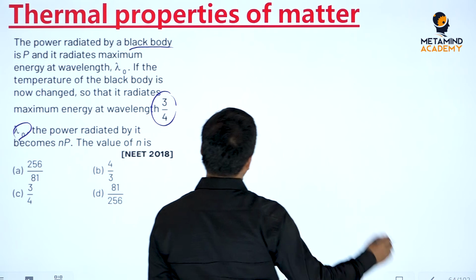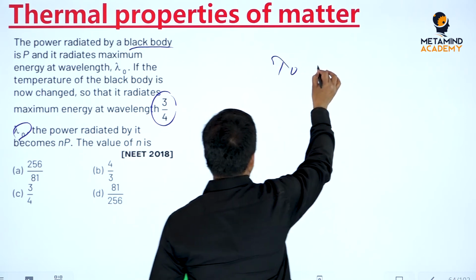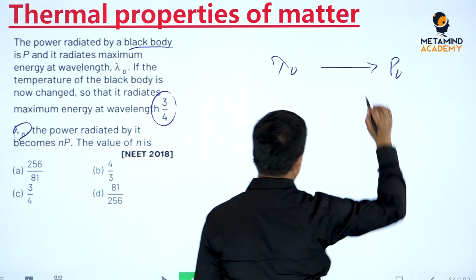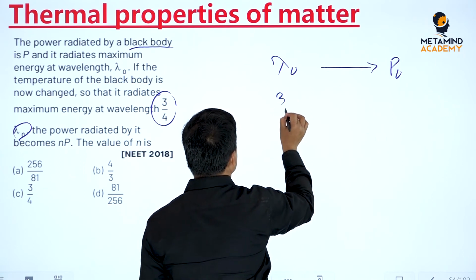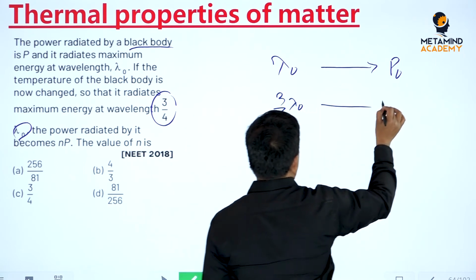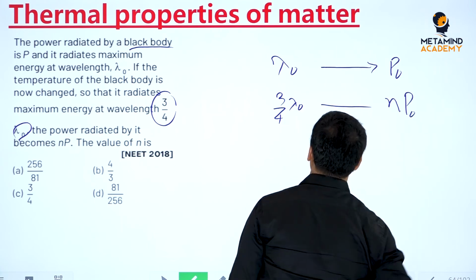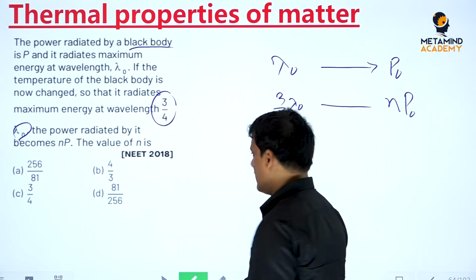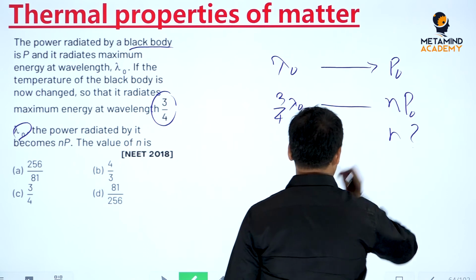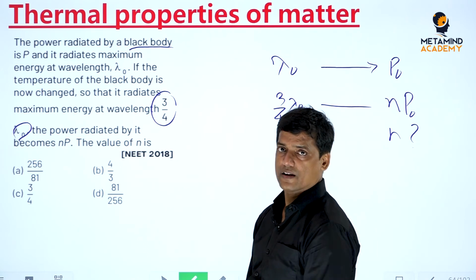Okay. So in one case, when the wavelength was lambda 0, it was radiating P0, and when the wavelength is 3 by 4 lambda 0, it is radiating N times P0. This is what this question is telling, and then it is asking you what is this N. That is what we are supposed to find out. Okay.